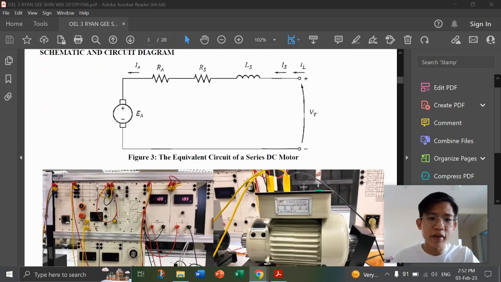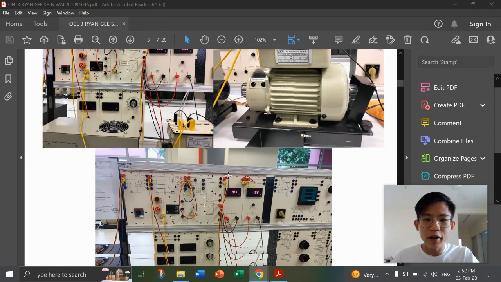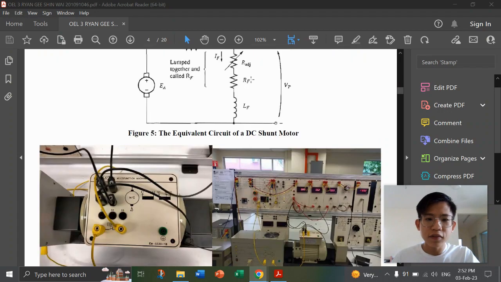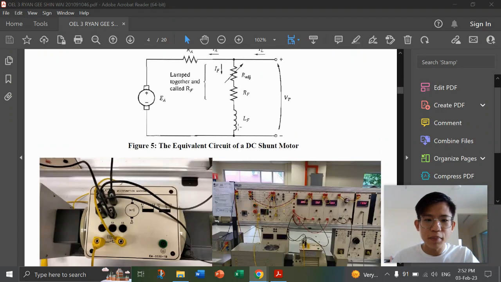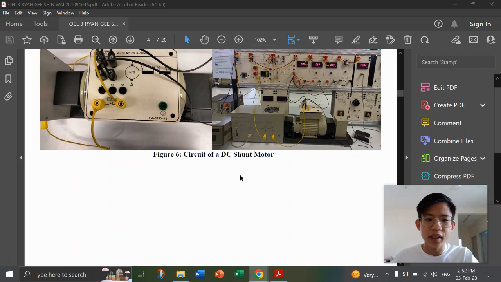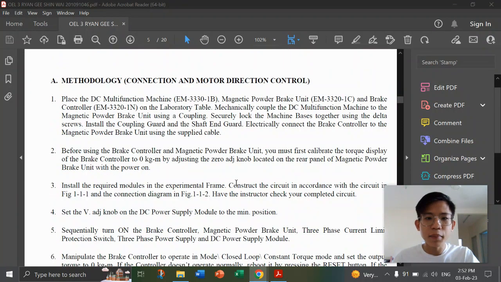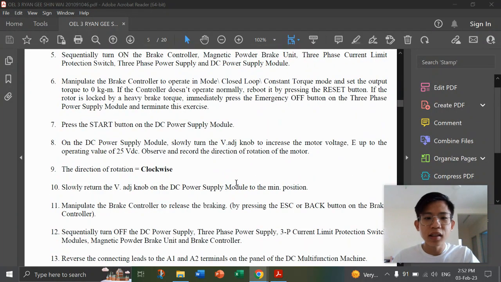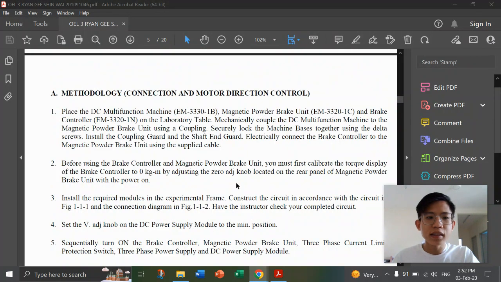This is a schematic diagram as well as the lab we carried out practically. And this is the DC shunt equivalent circuit schematic, and this is the one we carried out practically. These are the methodology, the steps that we have taken for the DC series.